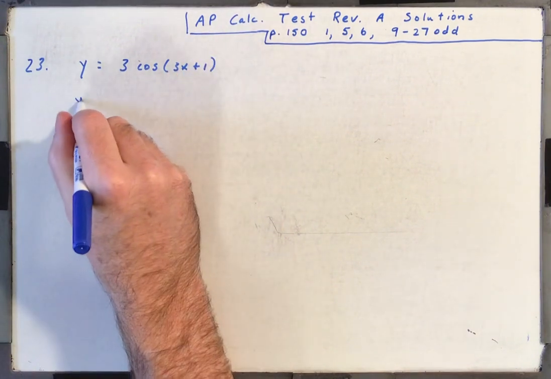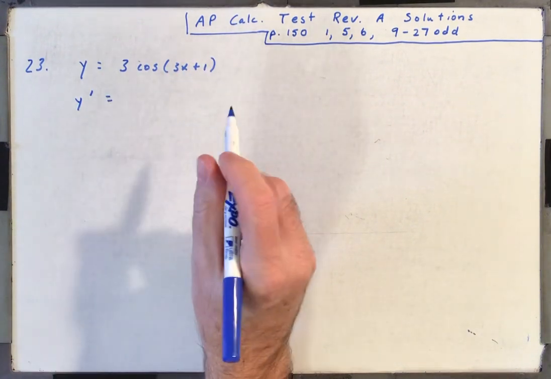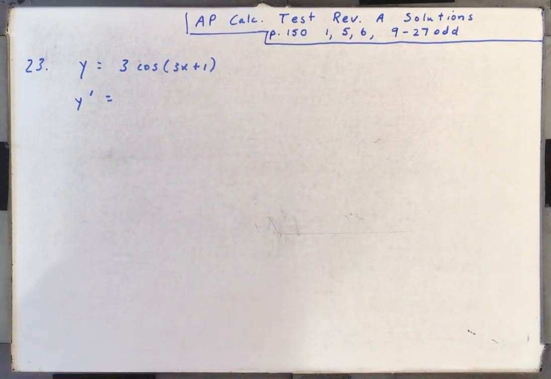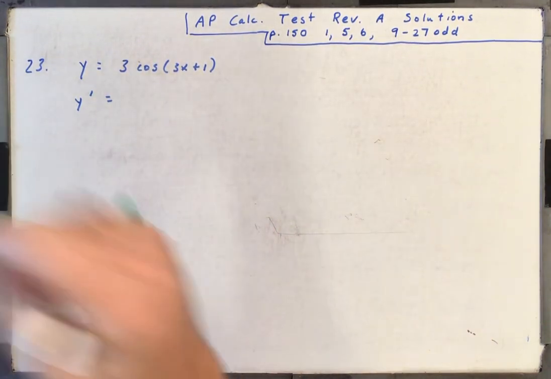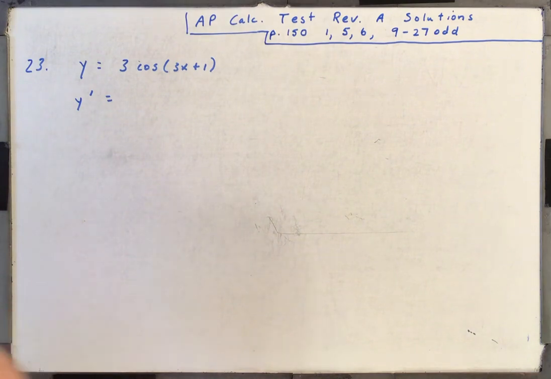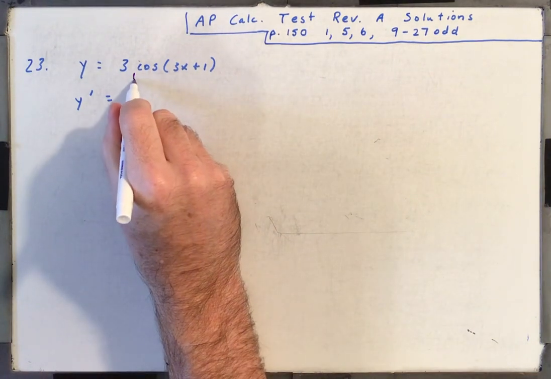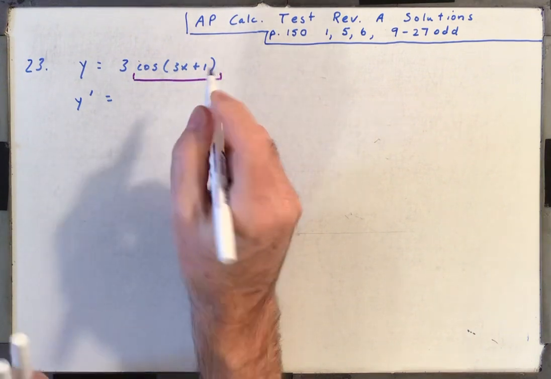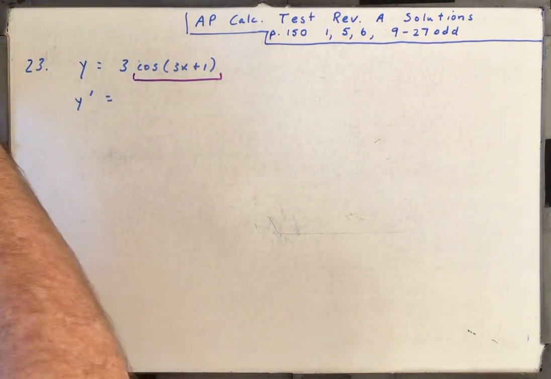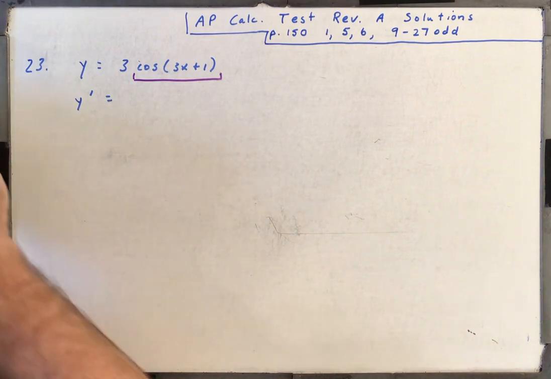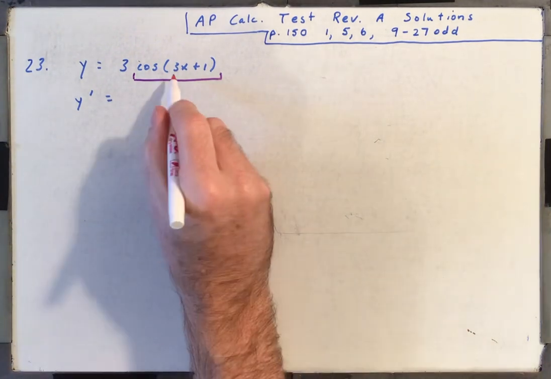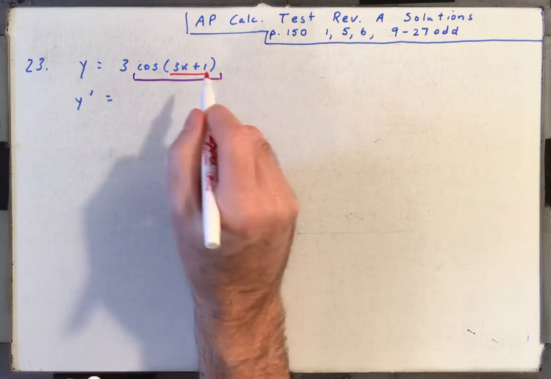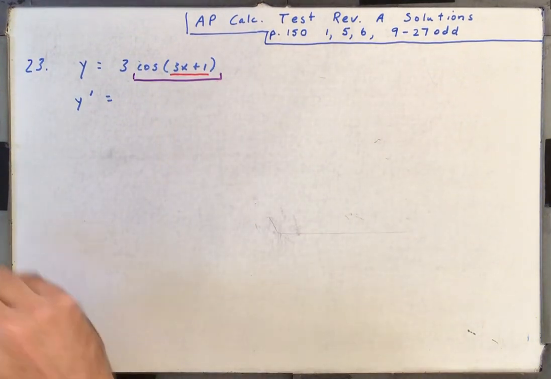All right, y prime is equal to, so this is what we call a 2-layer onion. I would say the outermost, I'll do this in purple, would be cosine 3x plus 1. And then you have an inner, which I will do in red, which is just the 3x plus 1. So there's not a third layer on this one.